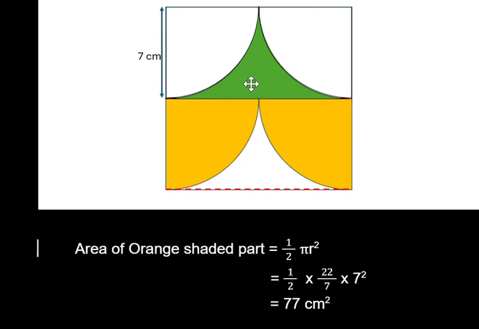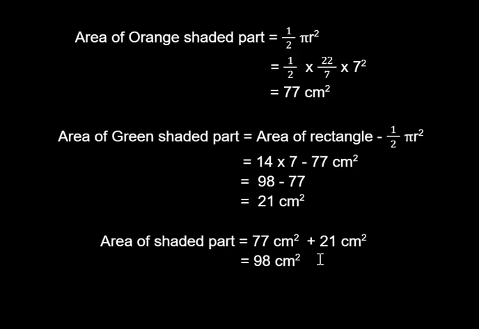Now I'm going to solve this green part. I'm going to take the area of a rectangle minus away the two quarter circles. The quarter circles I already found is 77, because these two quarter circles and these two quarter circles are the same. So the green part is the area of the rectangle minus half pi r squared.